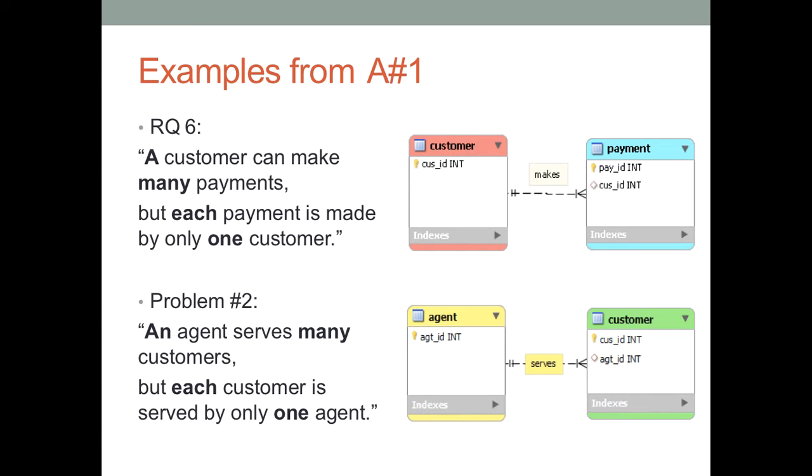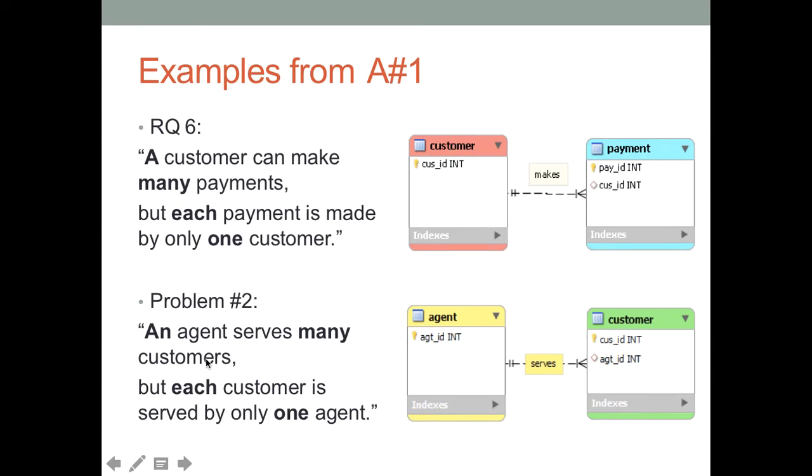So this is an example from assignment 1. Assignment 1 will ask you to draw the ER diagram for these two business rules. First, a customer can make many payments, and each payment is made by only one customer. So this is a one-to-many relationship. A customer can make many payments, and a payment is made by one and only one customer.